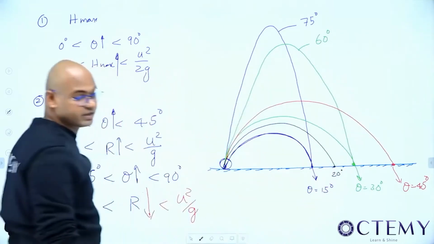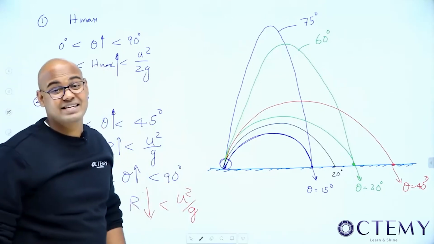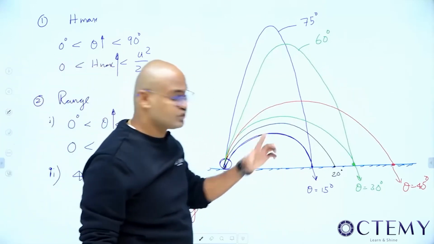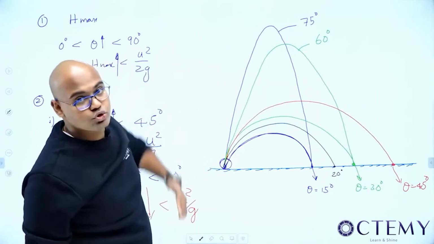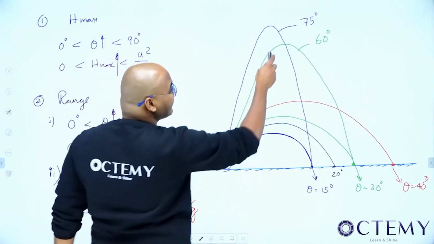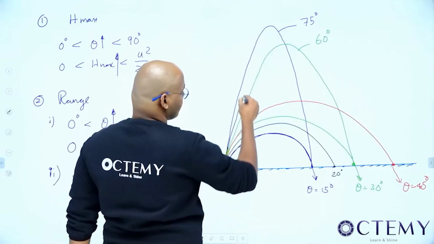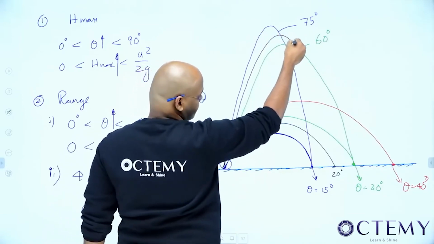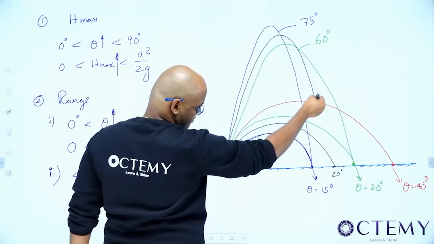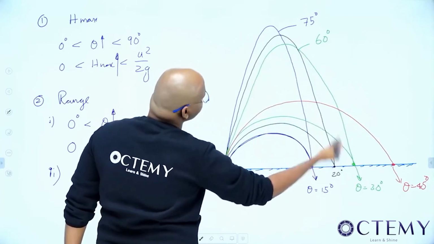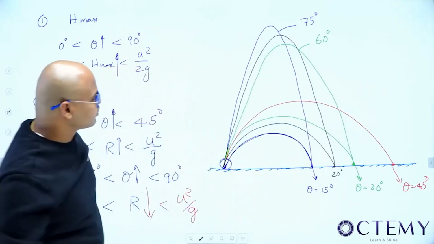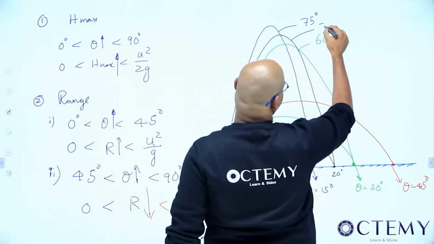Now what's the counter for it? 90 minus 20, that is 70. 70 will have the same range, but it will have more height. So 70 will be greater than 60 but less than 75. So how is it going to be? That's how it's going to be. So this is 70 degrees.